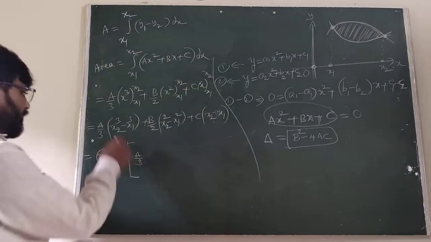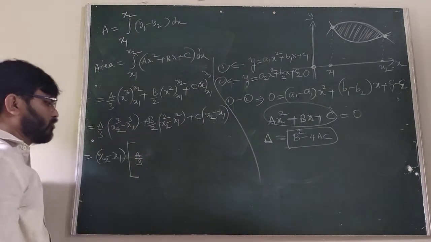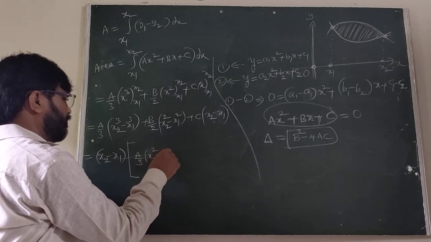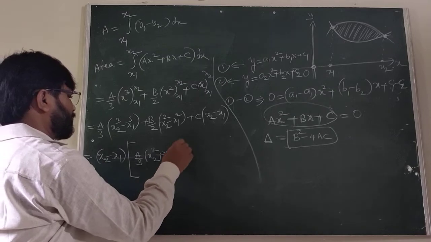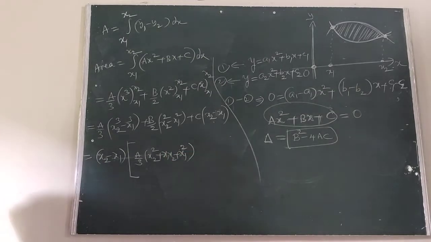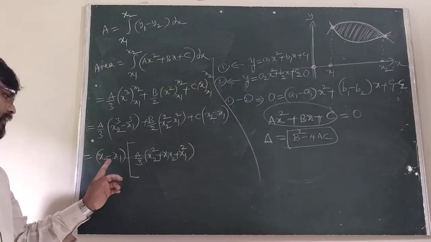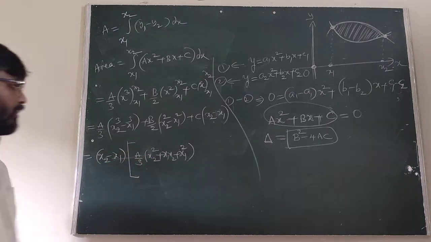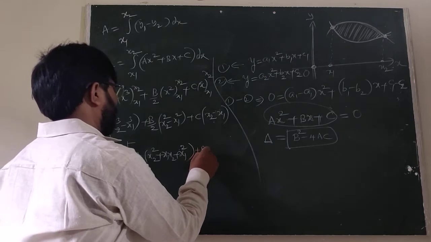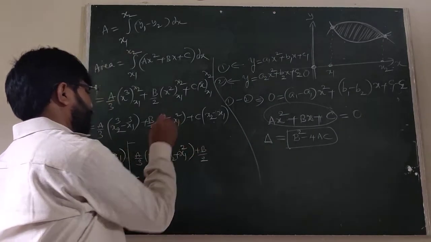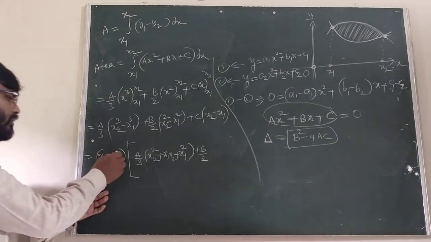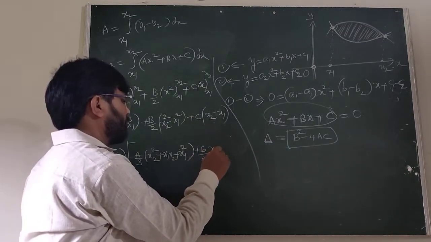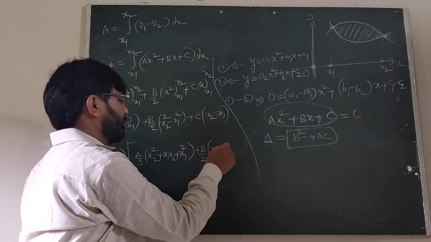Here a³ minus b³ has the form (a minus b) into (a² plus ab plus b²). Now b/2 into a² minus b² is (a minus b) into (a plus b), which is x2 plus x1.